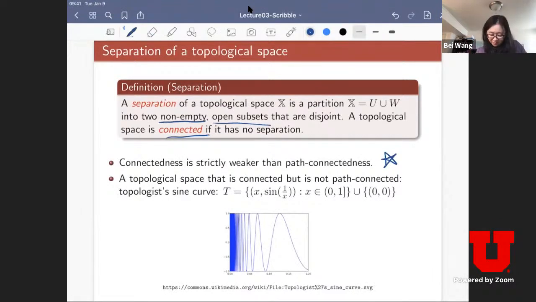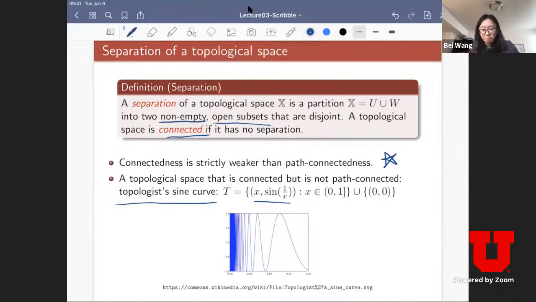So the example I give here is what's called the topologist's sine curve. You know, topologists sit around and think about those really odd spaces. And this is one of those examples where the space is connected, but it's not path connected. What is defined is the x coordinate is x and the y coordinate is sine of 1/x, where x is in the range between 0 and 1, and we include the point 0, 0.